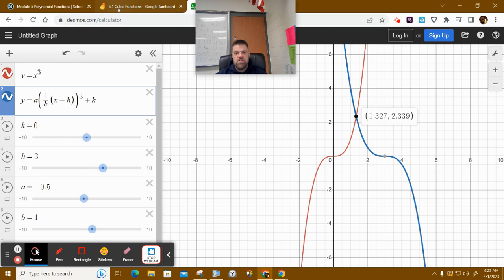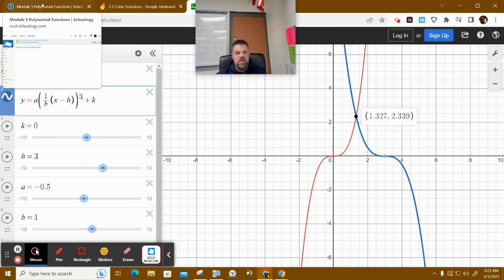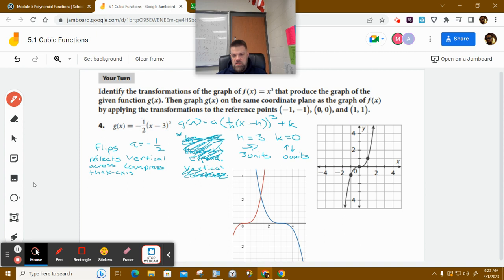Yeah, 1.3, 2.3. So if I go over 1.3 and go up 2.3, it's going to cross right about here. This crosses at 3 over here, and then it goes off the thing. So it looks like it comes down through here.